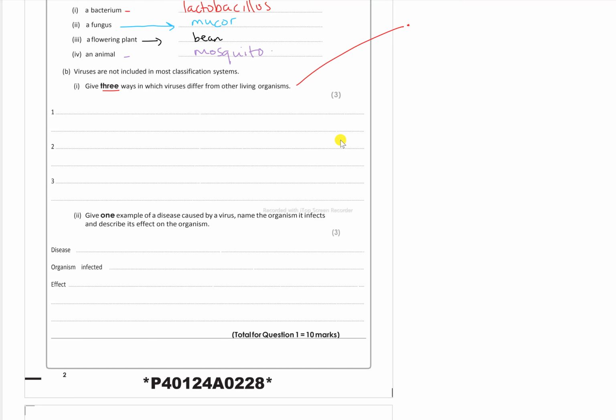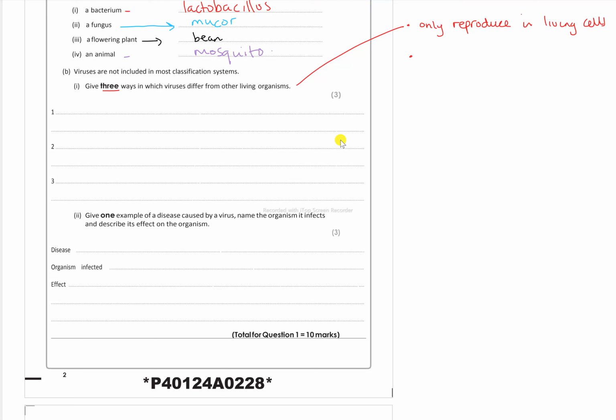So viruses, right, they're not considered to be alive by some people, because they only replicate or reproduce in living cells, whilst other organisms that are deemed to be alive can reproduce by themselves.